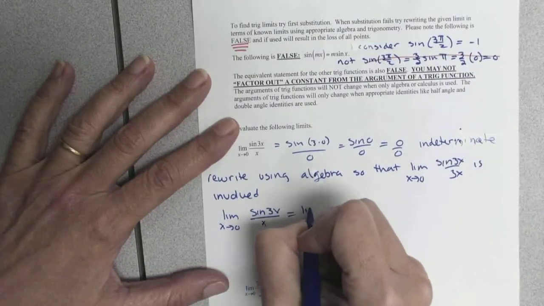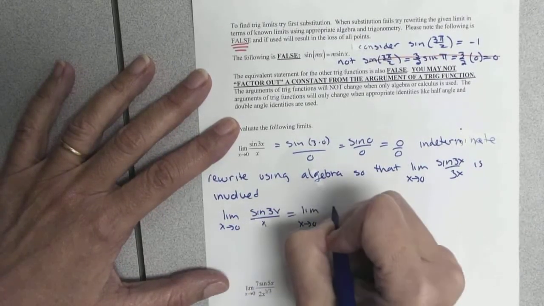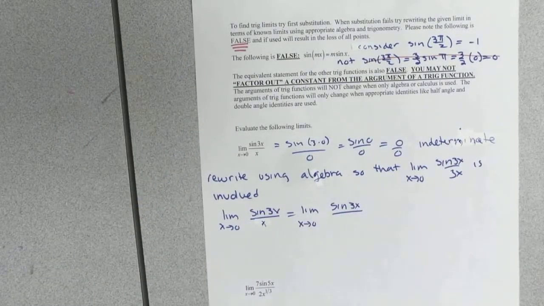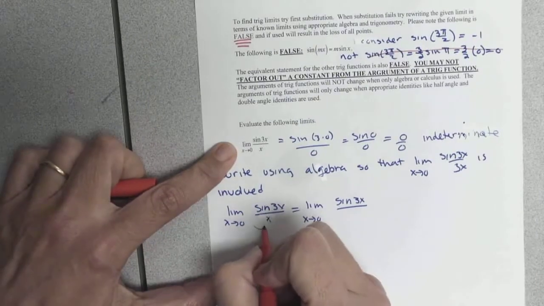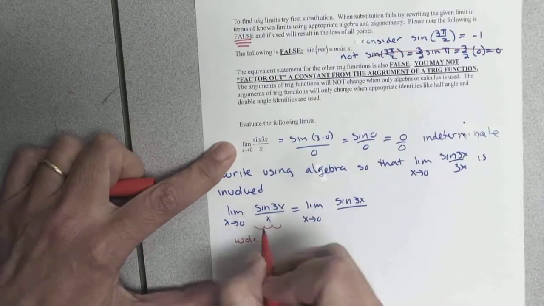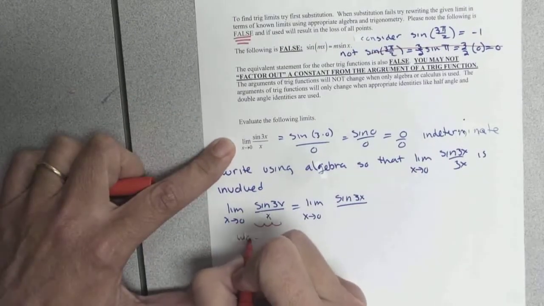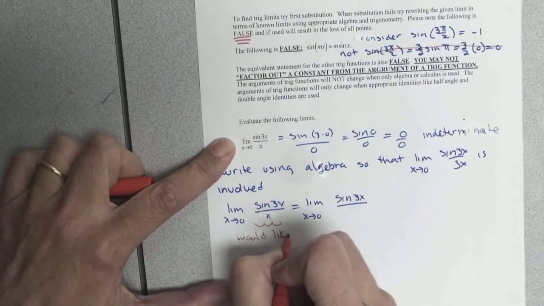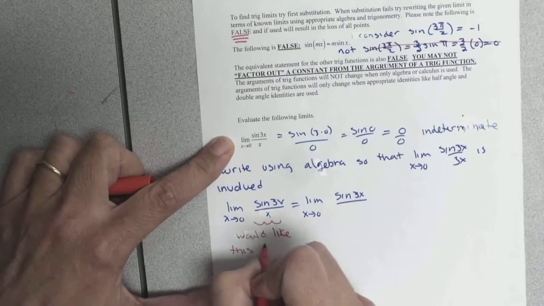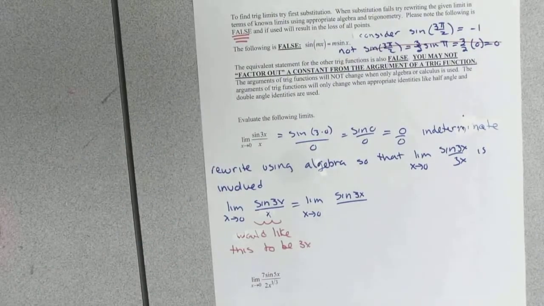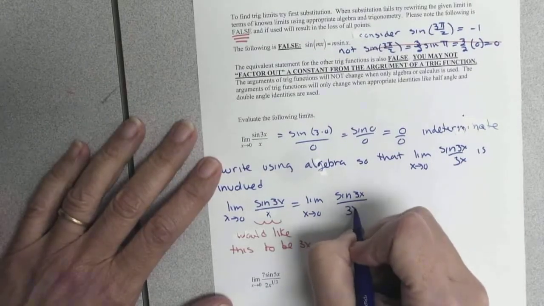So, I would like to have a 3x down here. I'd like that to be 3x. So I'll make it 3x.